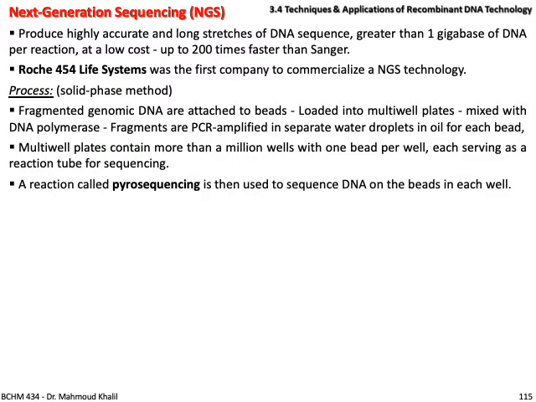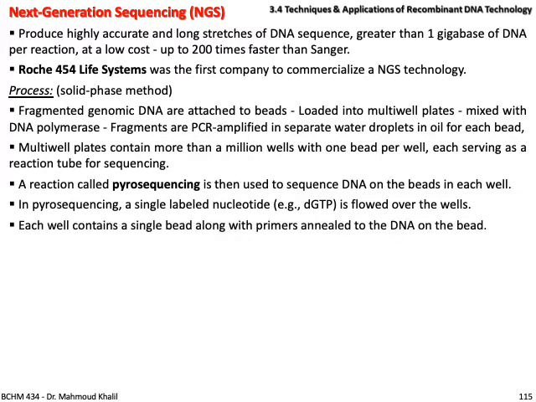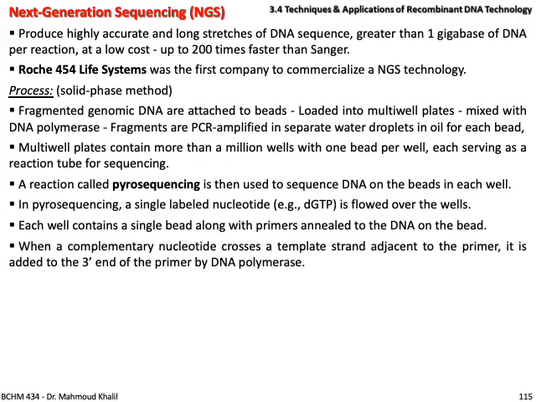This reaction is called pyrosequencing. The pyrosequencing reaction is then used to sequence DNA on the bead in each well. In this reaction, a single labeled nucleotide, dGTP, is flowed over the well. So a single labeled nucleotide, one at a time, over the well. Each well contains a single bead along with primers annealing to the DNA on the bead.